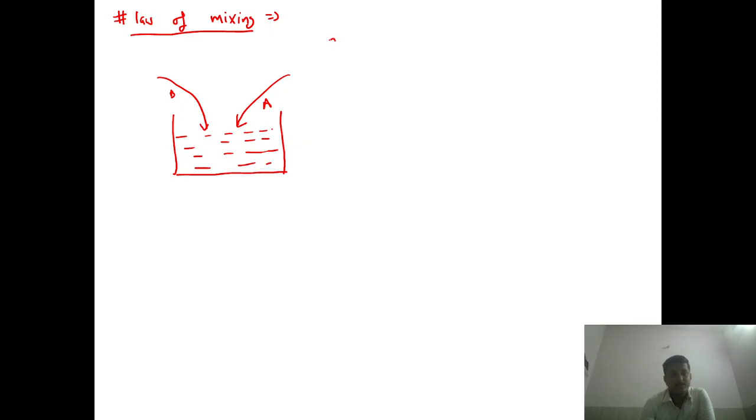It is given that the specific heat of A is SA, the temperature is TA, and the mass is MA. And for B, the temperature is given as TB, the specific heat as SB, and the mass as MB.